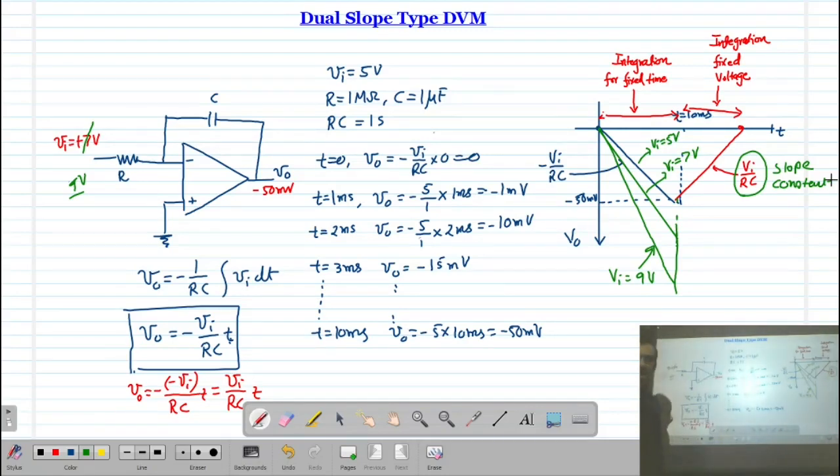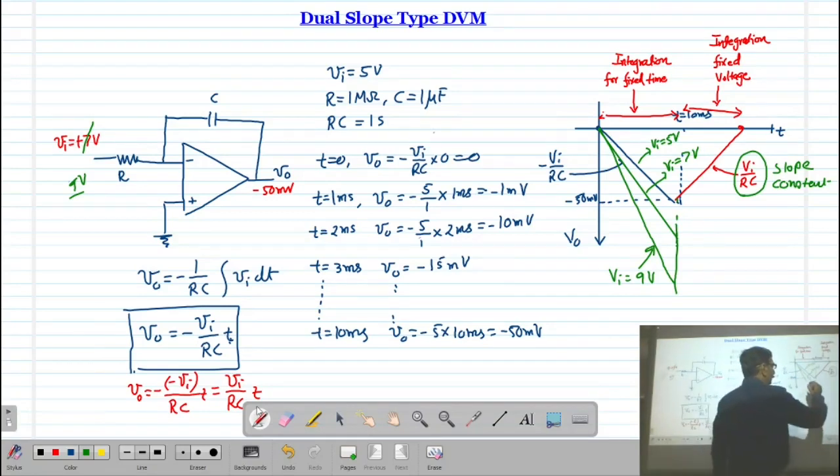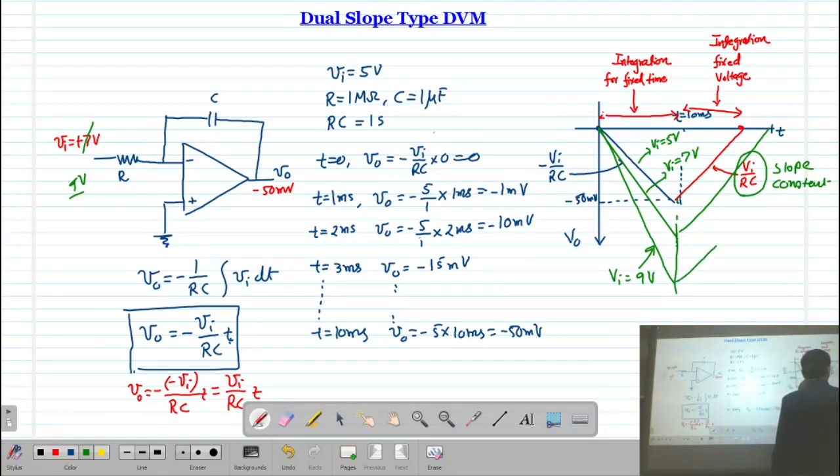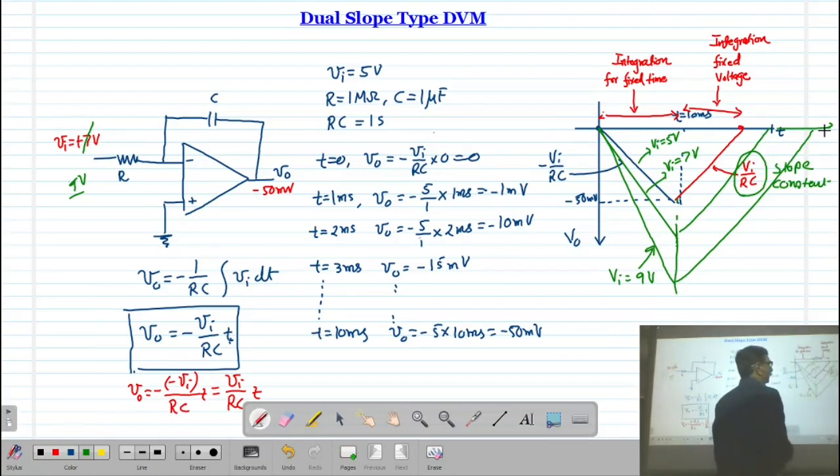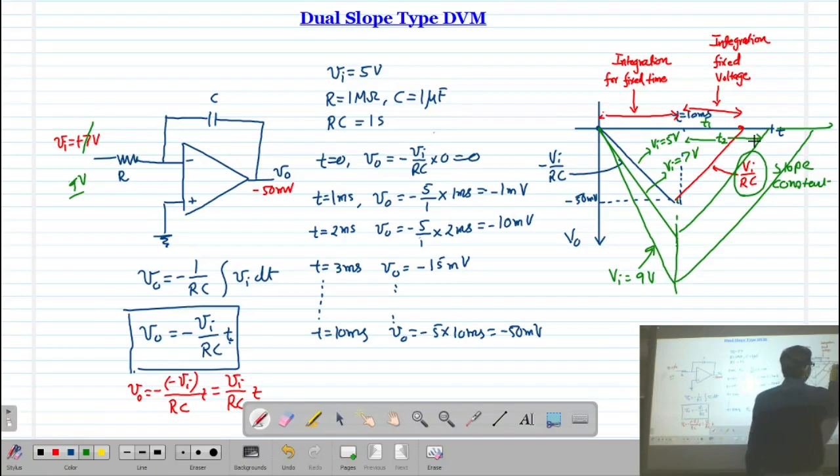Correct? So what you will find? The slope is constant, which means it is going to be discharged in this way. Here this is going to be discharged in this way. Okay? So in this case, when my input voltage was 5, I get this time period T1. But if the input voltage is 7, then we have a time period of T2.